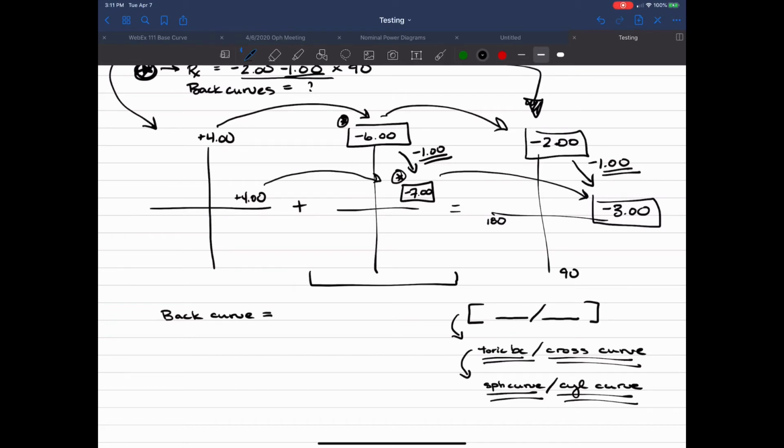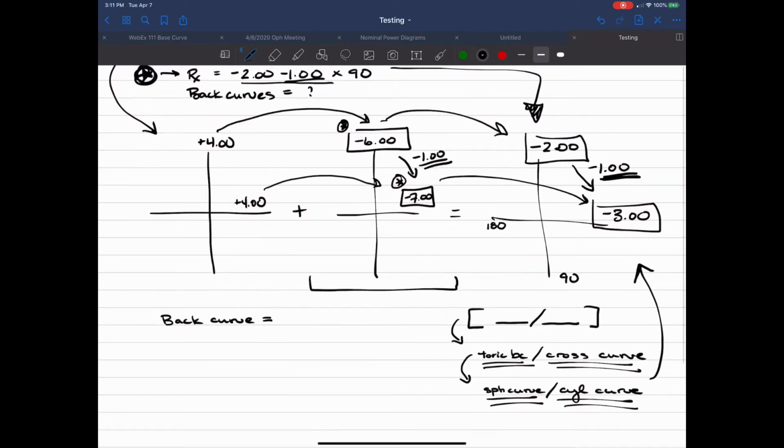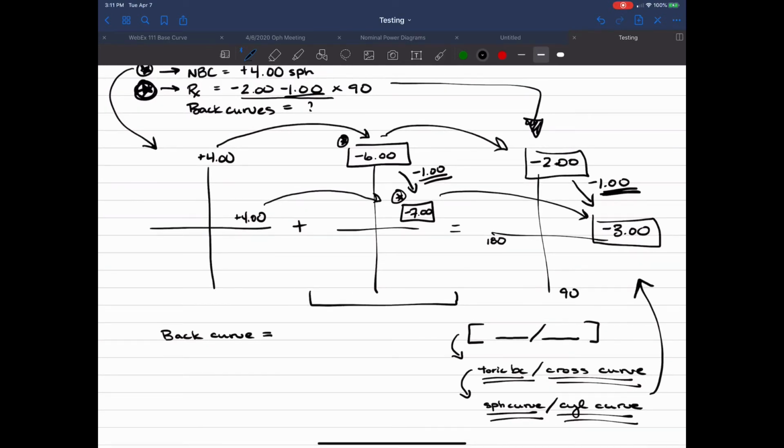So which one of these values, if we look at our ultimate prescription here, and we were moving in a minus cylinder direction, would be equal to the sphere and which one equal to the cyl? Looking back here, we got a -2, so this is my sphere power, and this is where my cylinder power comes up.